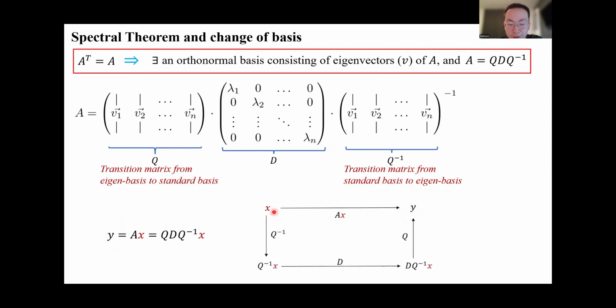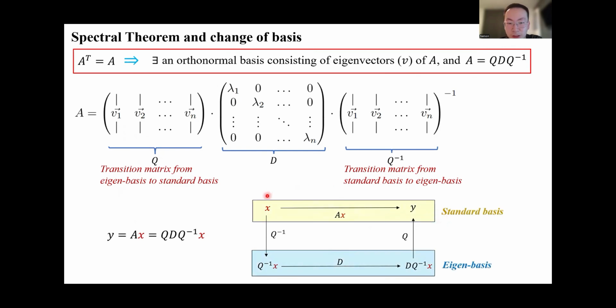Second, I can first transform x into the eigenbasis, apply this matrix D to the transformed x vector, and finally transform the result back to the standard basis. Here, the route on the top is completed in the standard basis, but the route at the bottom is completed in the eigenbasis. The Q and inverse Q here are just the transform matrices between these two bases.